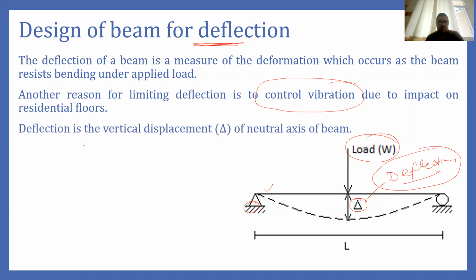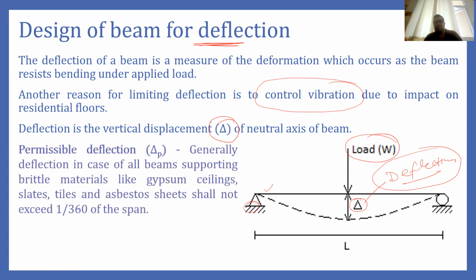So deflection we generally represent by delta, and the permissible limit for the deflection is given in the IS code.